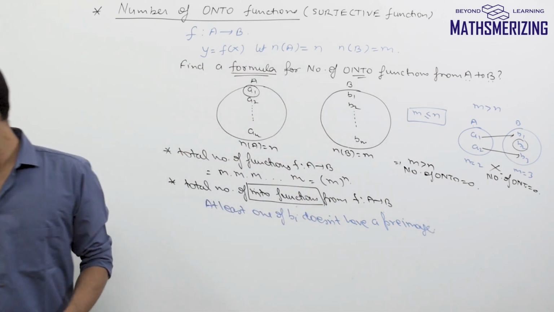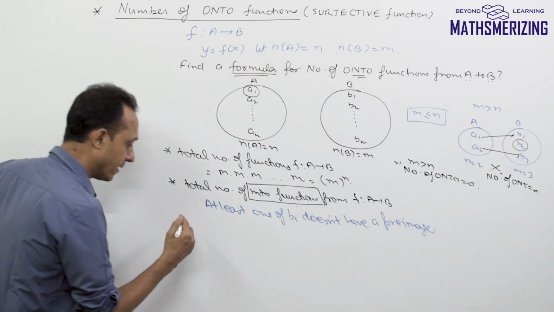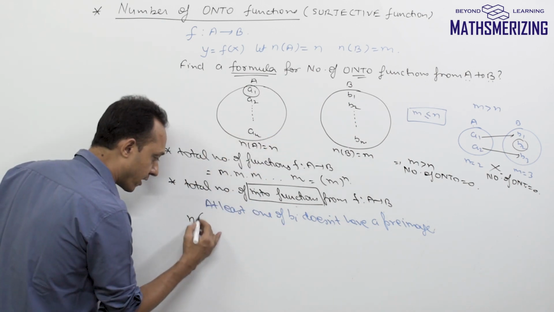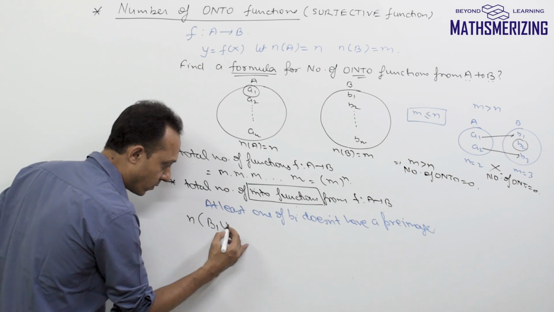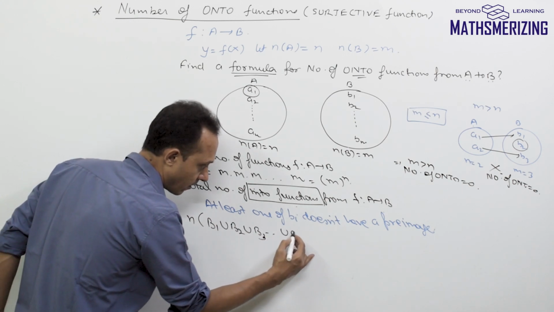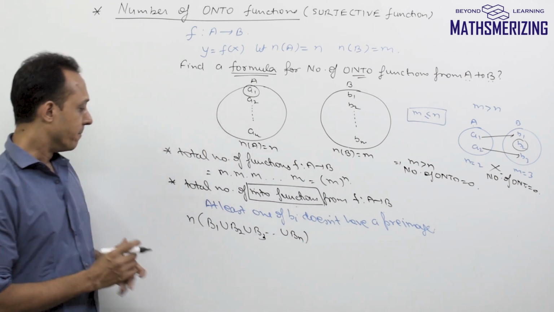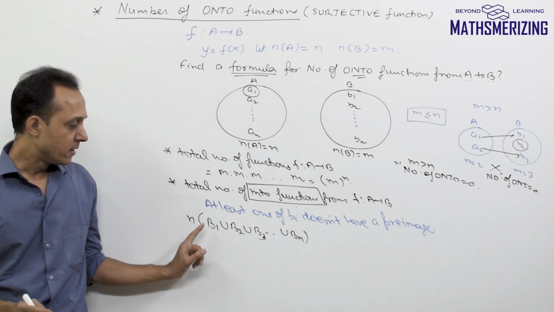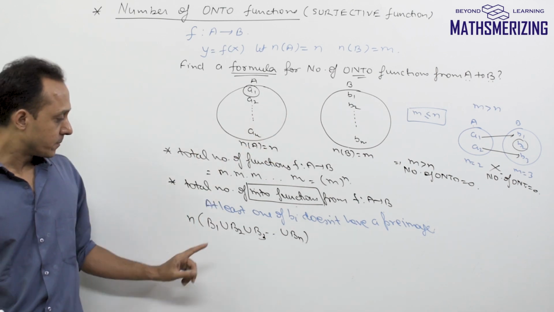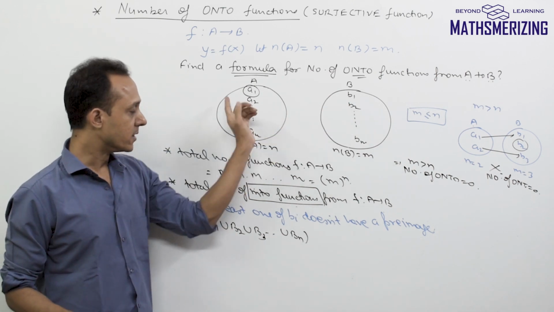Now how do I find that? I need to find the number of functions defined from A to B so that at least one of B1, B2, B3 or Bm is missing. So when I say B1, it means the element B1 is missing; it doesn't have a pre-image. B2, element B2 doesn't have a pre-image.